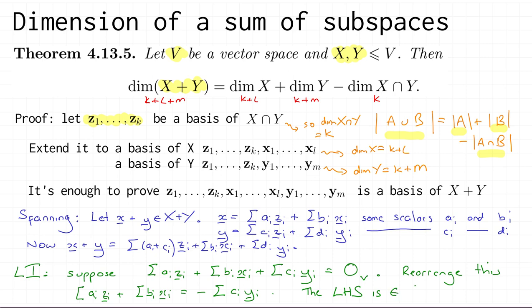And the right-hand side, RHS, that's minus the sum of the ci times yi's. Well, the y's all belong to our subspace capital Y, so this is a linear combination of things in that subspace. So the right-hand side is in Y. But the left-hand side is equal to the right-hand side, so both sides belong to X and they belong to Y. Okay, so let's move on to the next slide and see what we can say.